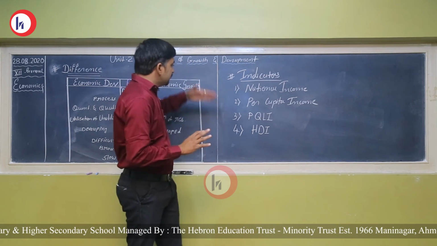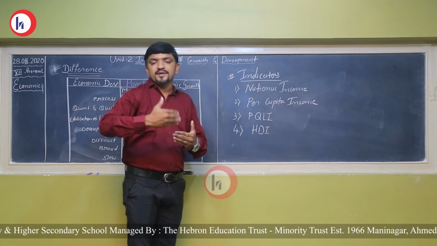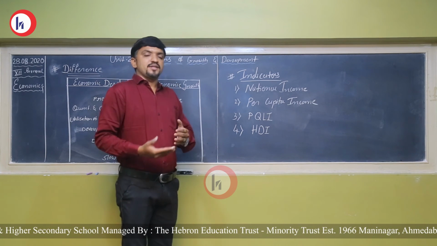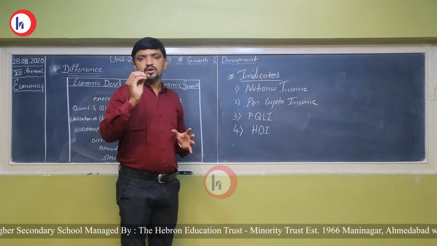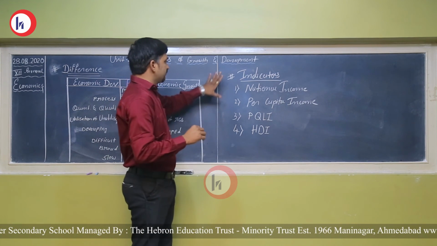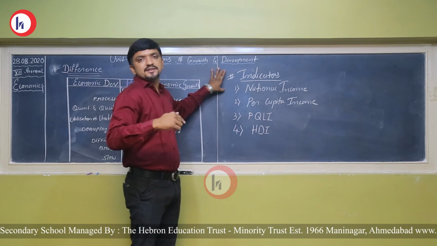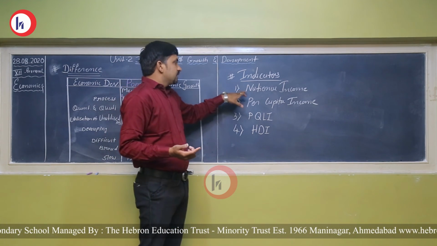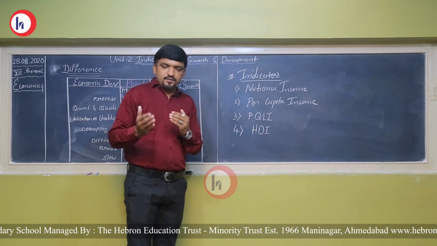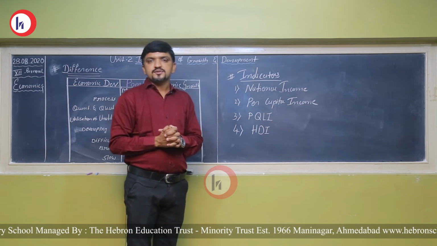Now, all these indicators were developed gradually. In the present video, we are just going to have a very brief idea of indicators. The detailed study we will undertake in the next video. The concept of national income was developed first.